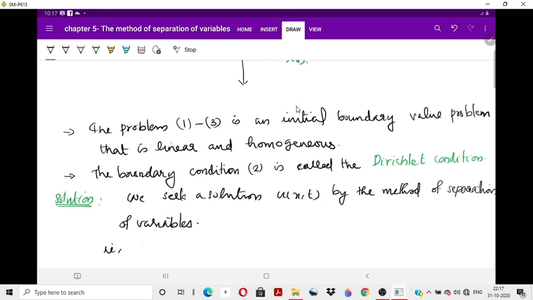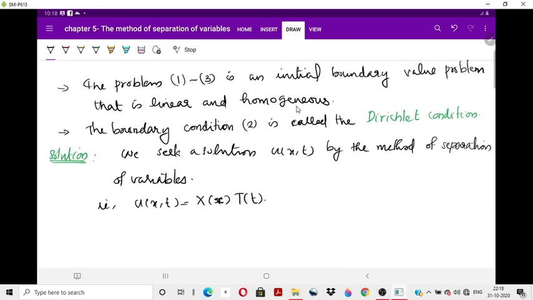That is, u(x,t) is of the form X(x) T(t), the product of the variables, where X and T are functions of x and t respectively. Capital X is a function of small x alone, capital T is a function of small t alone. So the solution of problem 1 to 3 is u(x,t) equal to X(x) T(t).